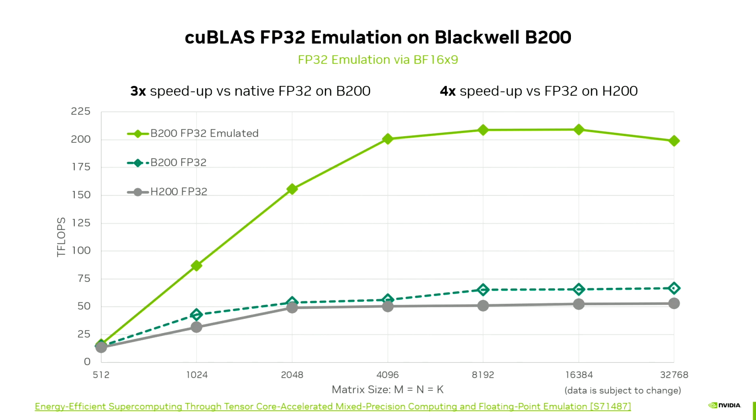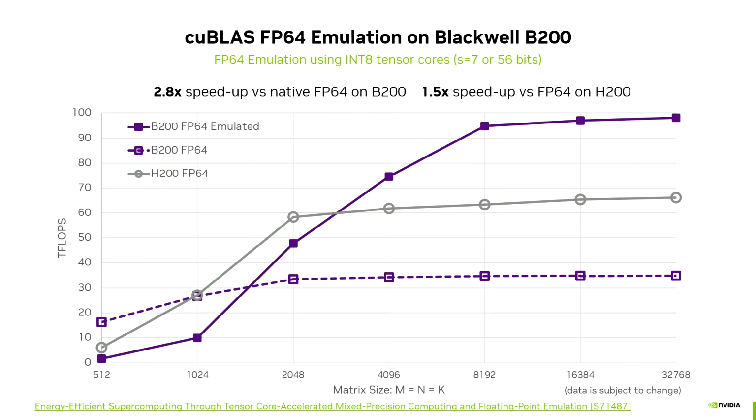These are square matrices for now. These plots look a lot like roofline charts, so they increase and saturate the bandwidth with the size, and then saturate peak performance. You can see that we can reach up to 3 times the native FP32 throughput on Blackwell today for B200, and 4x over Hopper.